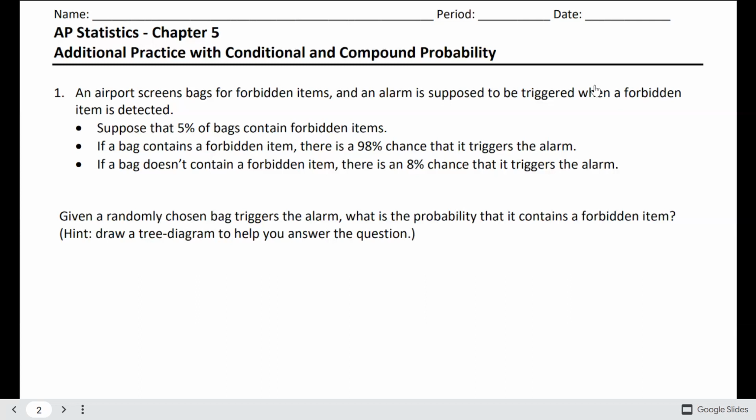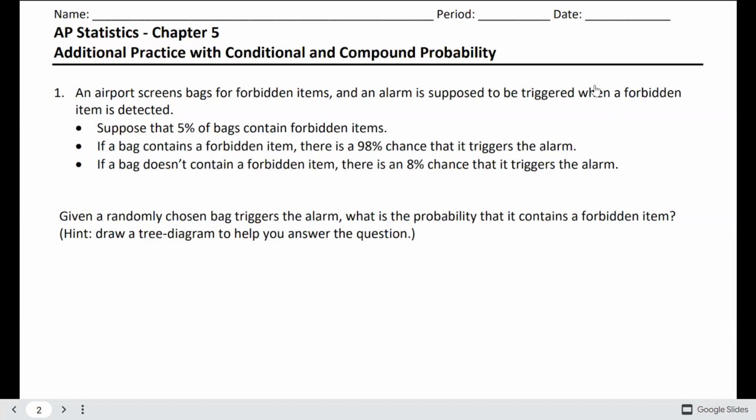The way we calculate this probability, it's going to be a fraction. We're going to do some dividing. What do I want up on the top of my fraction? The probability of forbidden and the alarm. What do we know happened in this circumstance?